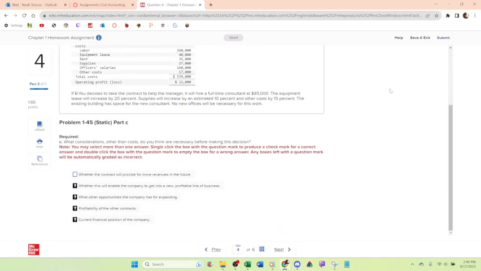That sucks. What other considerations other than cost do you think are necessary before making the decision?